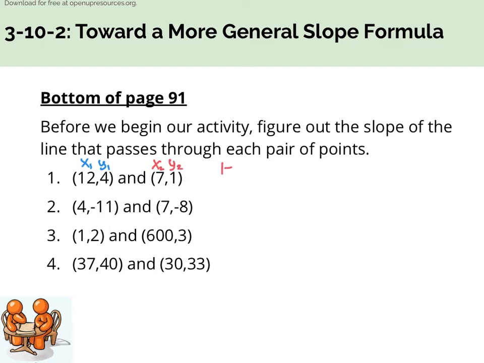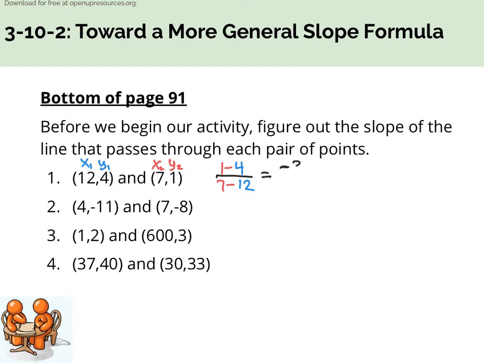So we're going to say 1 minus 4 all divided by 7 minus 12. So notice how I subtracted our y's and then our x's. Does it matter which number we start with? No, it doesn't matter. As long as we reduce our fraction as much as possible, we'll get the same number. So let's do 1 minus 4.